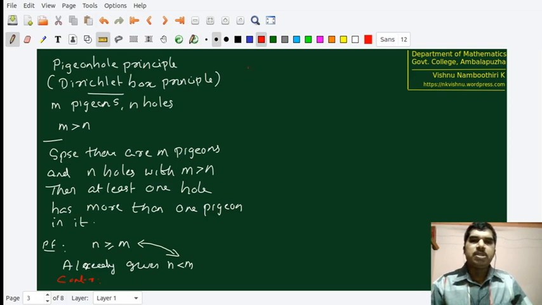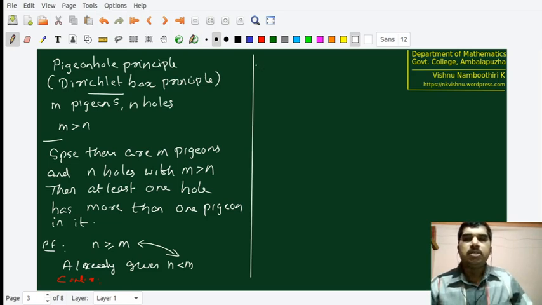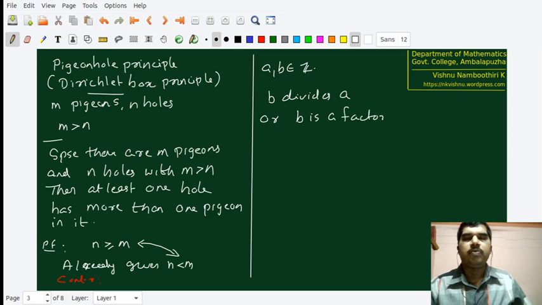Now, only that much about the pigeonhole principle. Now we have one notation. We suppose that we are given two integers a and b. Using the division theorem, we say that b divides a, or b is a factor of a, or a is a multiple of b.